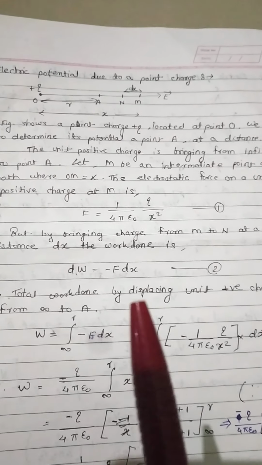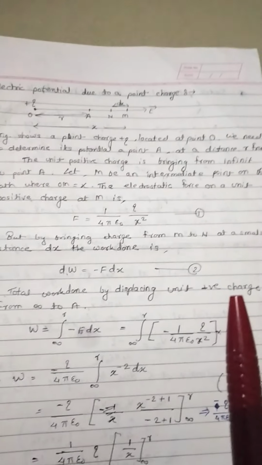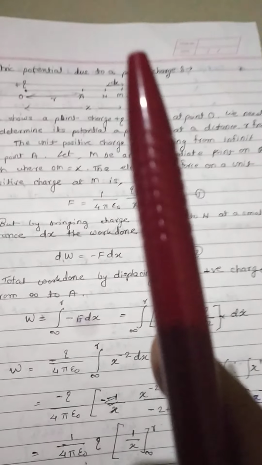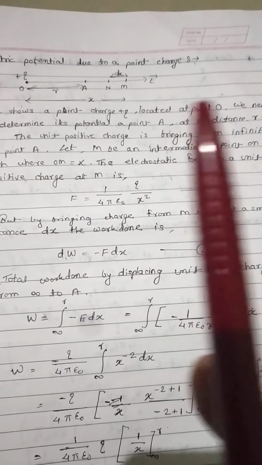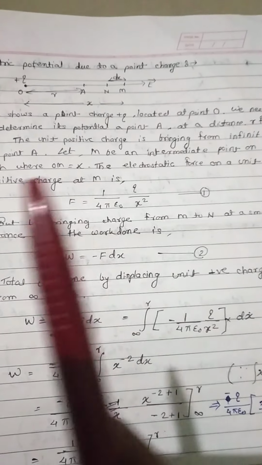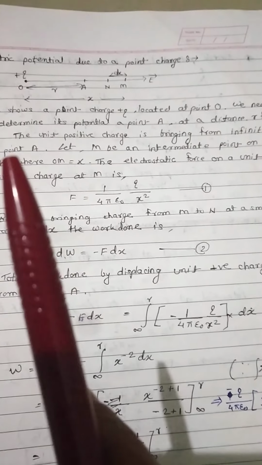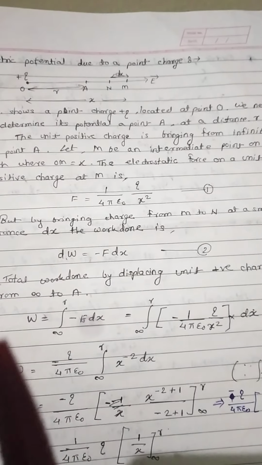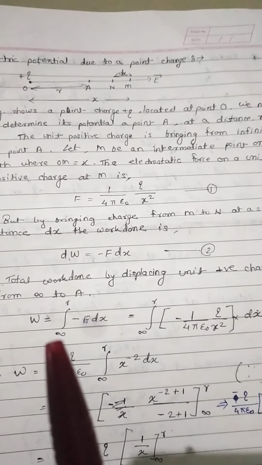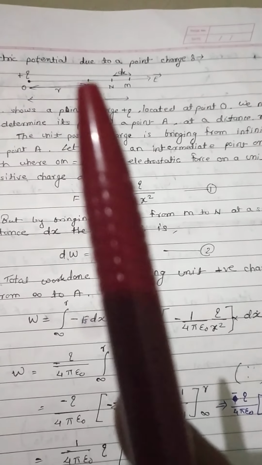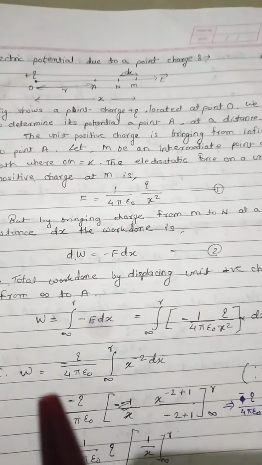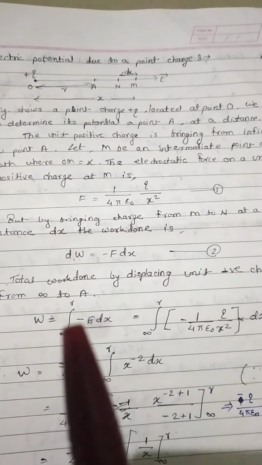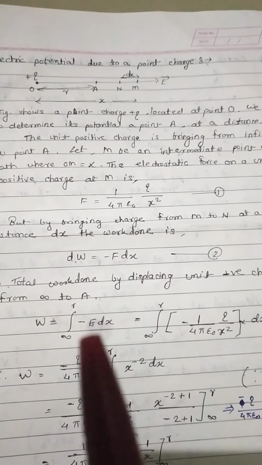Then the total work done by displacing a unit positive charge from infinity to A, meaning the charge comes from a very long distance, is the integration from infinity to R of minus F dx.